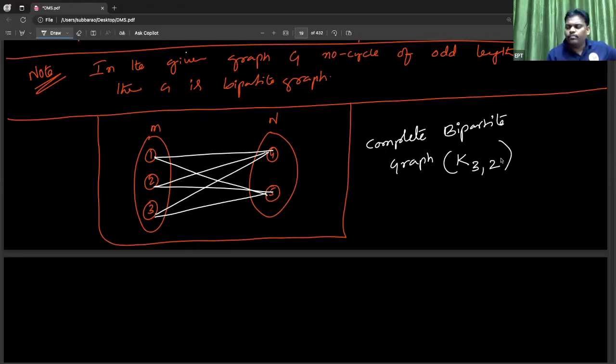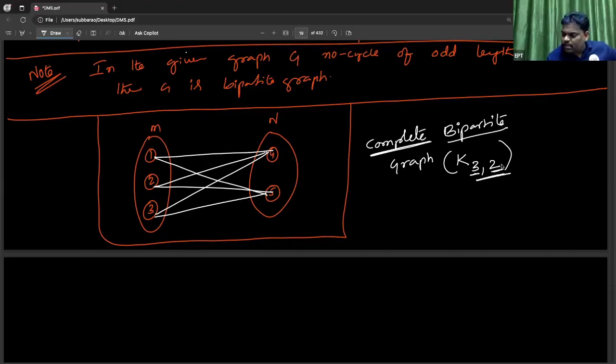K 3,2. Because it is bipartite, there are 2 parts. Left part contains 3 people, right part contains 2 people. This is called a complete bipartite graph.